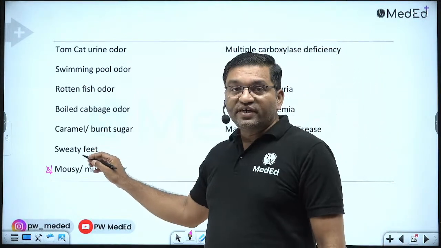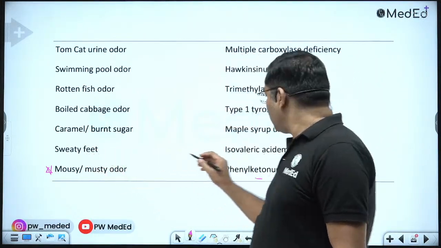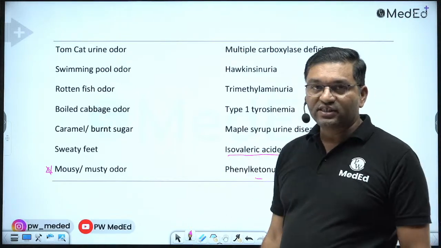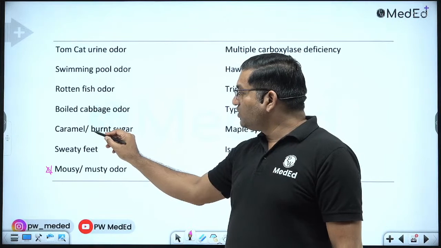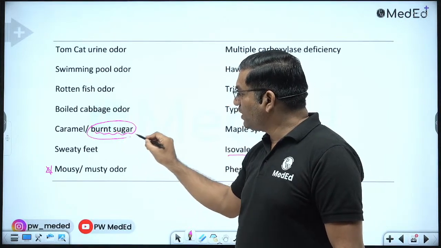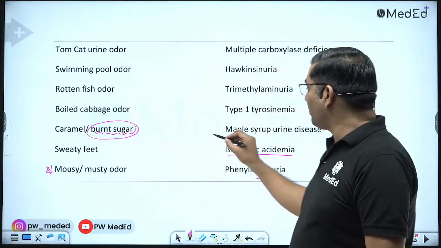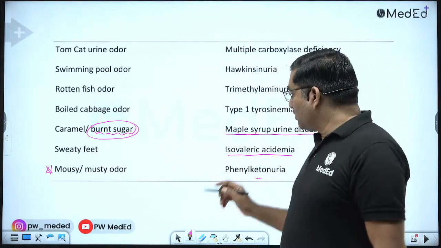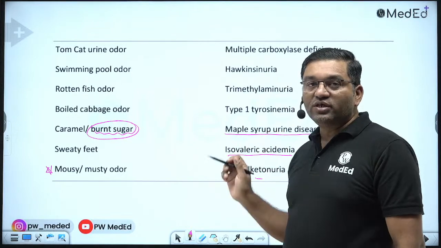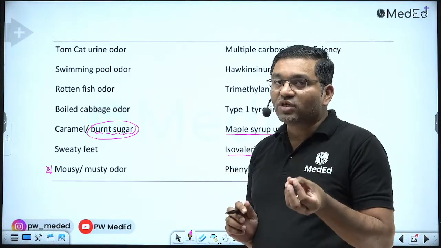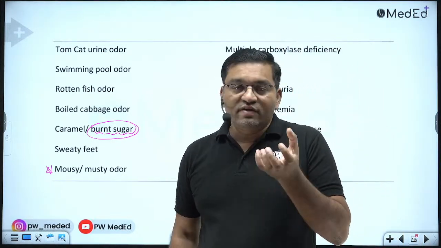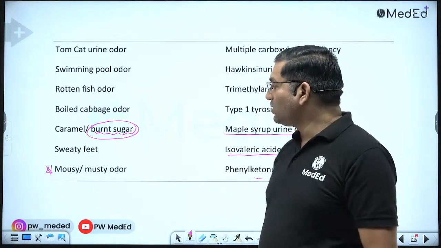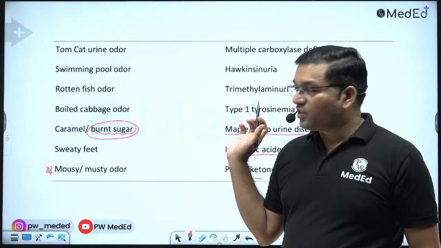Now sweaty feet odor is in isovaleric acidemia. The burnt sugar odor is very, very important and a frequently asked question. It is in maple syrup urine disease. So there is intellectual disability, the floppy infant, and smell of burnt sugar because of increased excretion of alpha keto acids and their respective amino acids, valine, isoleucine, leucine, in the urine, in maple syrup urine disease.